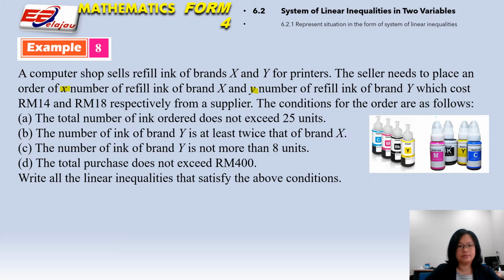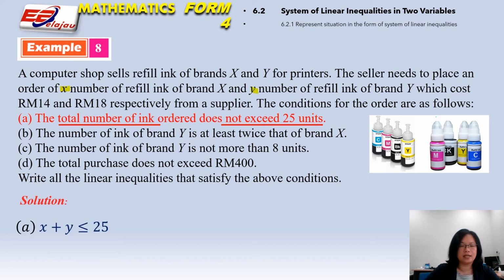Condition A. The total number of ink ordered does not exceed 25 units. The total number of ink can be represented by x plus y. Does not exceed 25 units can be represented by x plus y is always less than or equal to 25.